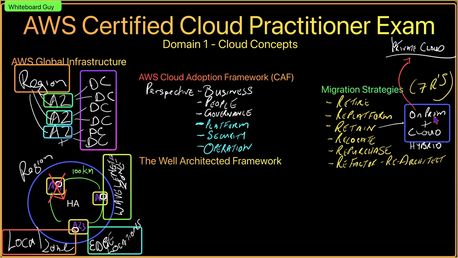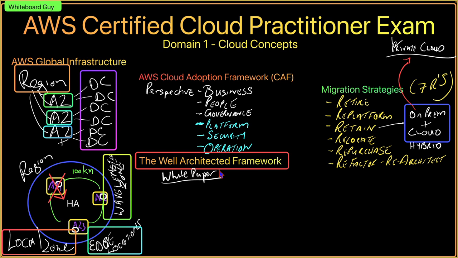Then the last one that I want to speak to is your well-architected framework. Now, my best tip that I want to leave everybody is, and I'll highlight this maybe in red, the well-architected framework. There is a white paper on the well-architected framework. I want to urge you to read this white paper. This white paper is extremely important because many of the concepts are discussed across security, across many other areas as well.